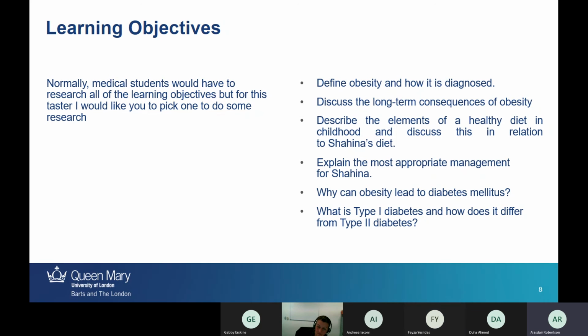Absolutely. As you again hit the nail on the head, you're looking at the healthy diet. So it's the 5 a day, a healthy, balanced diet, healthy food from each food group, so they get a wide range of nutrients that help Shahina to stay healthy.